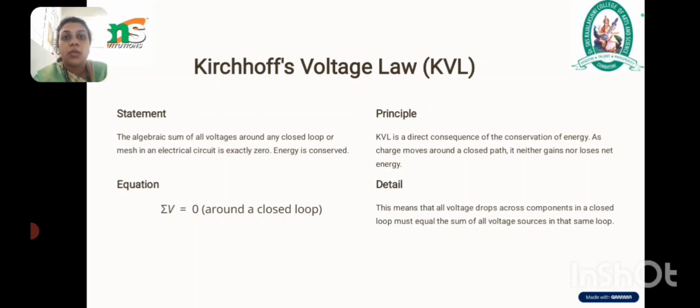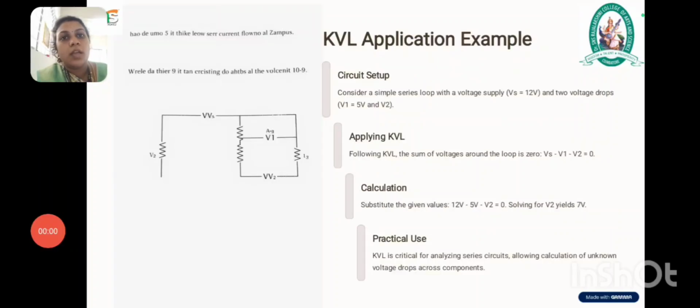We have to include the current and resistance, as there is neither a gain nor a loss of net energy. Now KVL applications and examples. Kirchhoff's voltage law is widely used in electrical engineering to analyze and design circuits, with circuit setup, applications of KVL, calculations and practical uses.